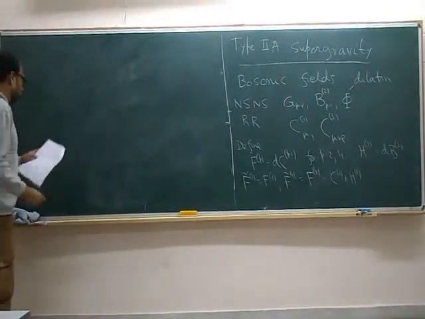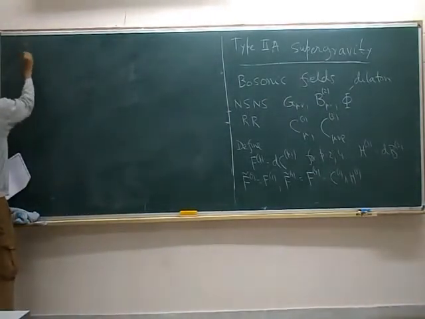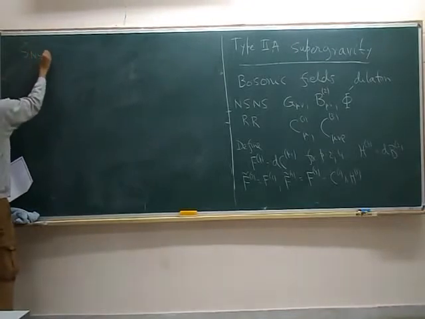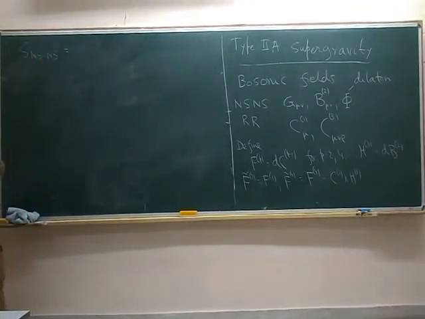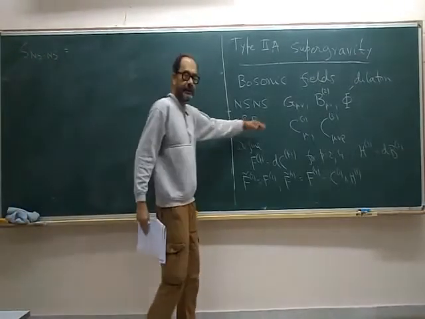So the action for type 2 supergravity has two pieces. This is a bosonic action, and then of course there are the fermionic parts of the action, which I have not even written down. These are all bosonic fields.